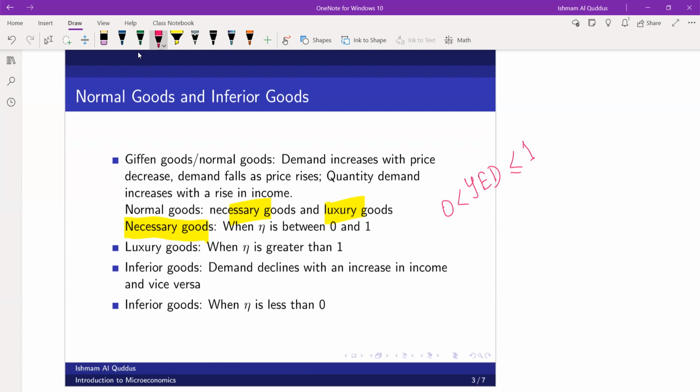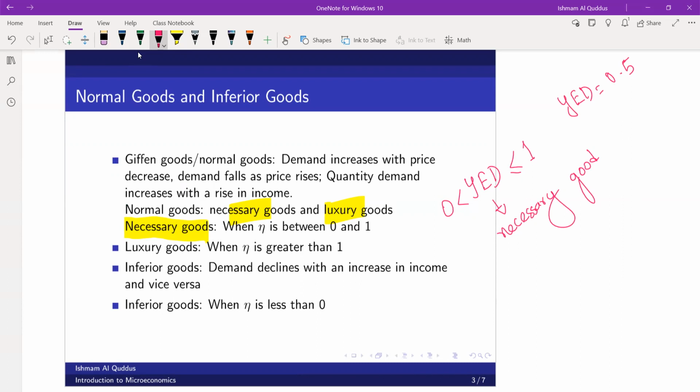So YED represents a necessary good. So let's say YED is 0.5. This falls between 0 and 1, right? So this represents a necessary good, but I also want you to understand how to interpret this.